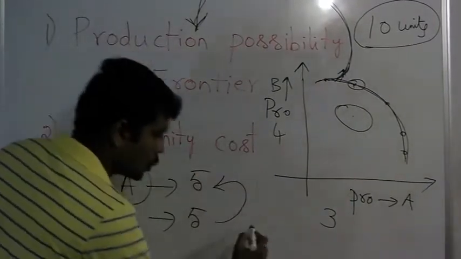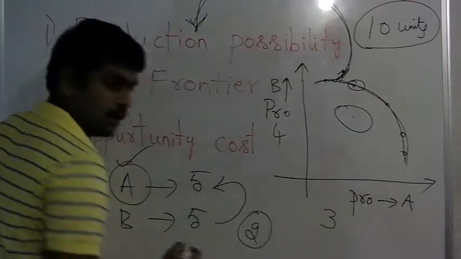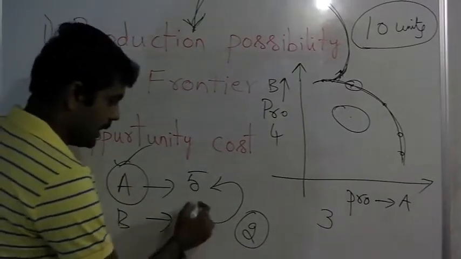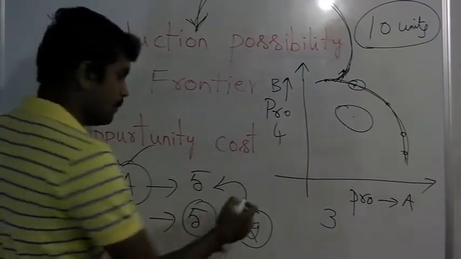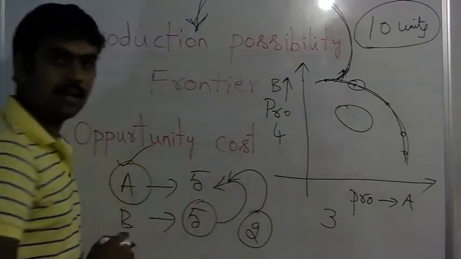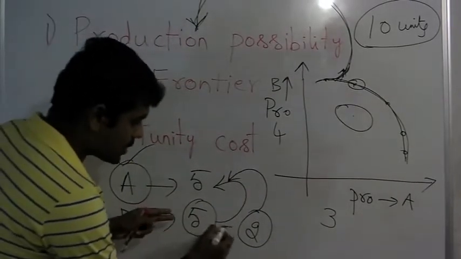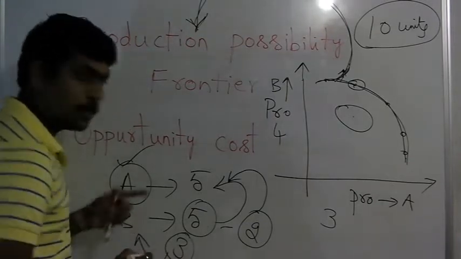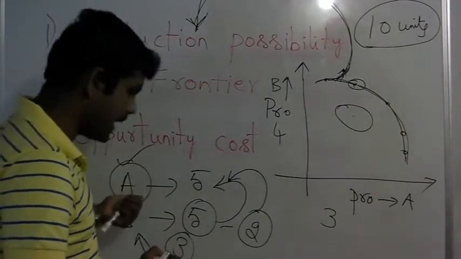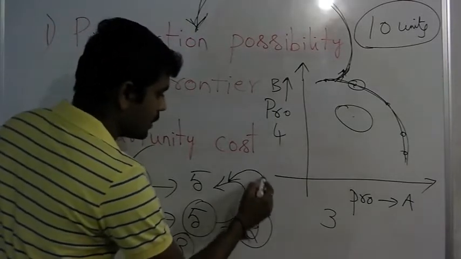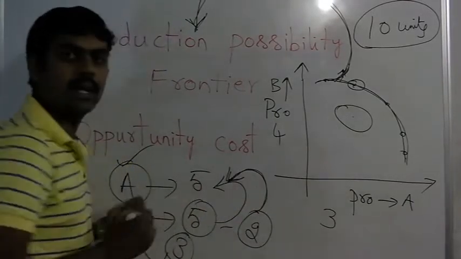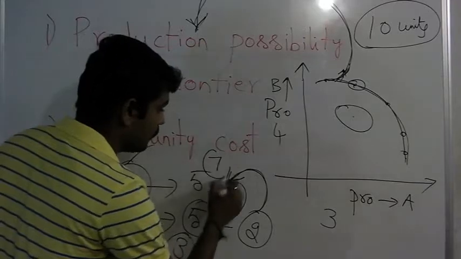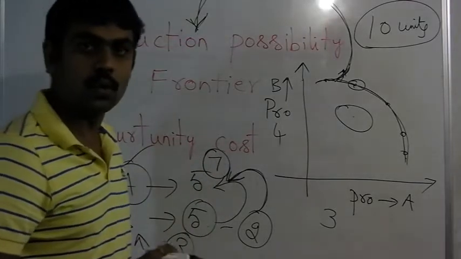Assume that 2 units which are allocated to B among these 5 are diverted to A. In the sense, 5 minus 2. So here 3 are left for B, and to meet the higher requirement of A in the society, we are diverting the 2 units to A. Totally how many units here? 7 units are allocated to A.